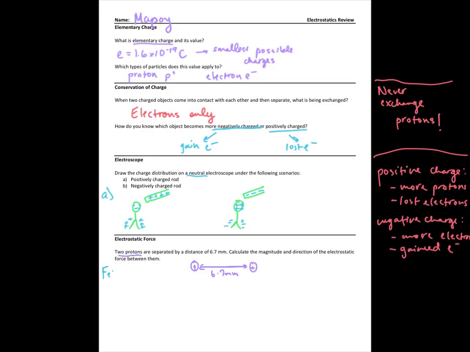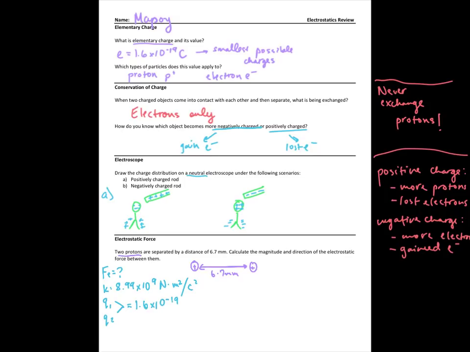So we're looking for Fe. K is a constant on the reference table. Q1 and Q2 are the same because they're both protons, and remember the key word, proton, so you have to think about this charge.